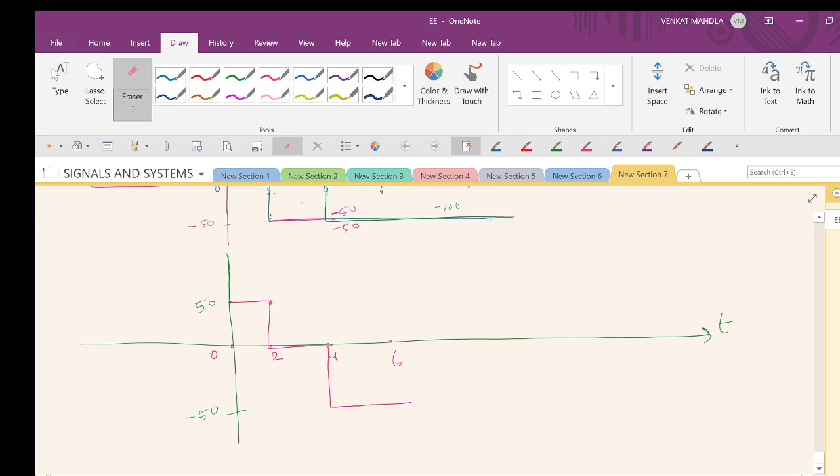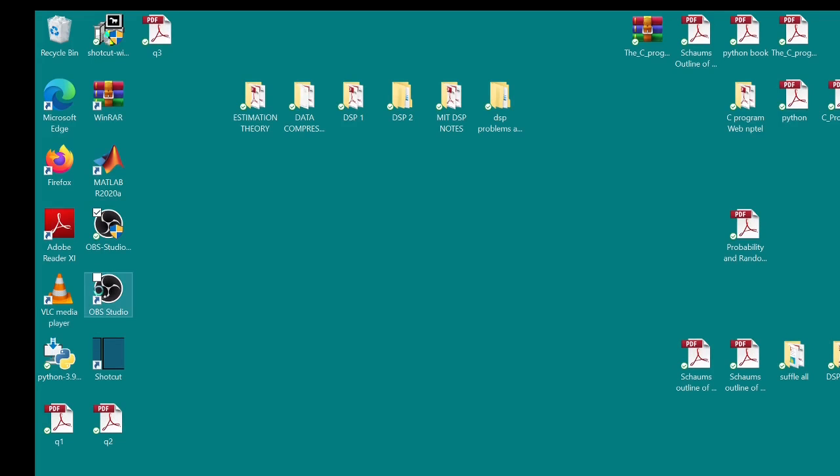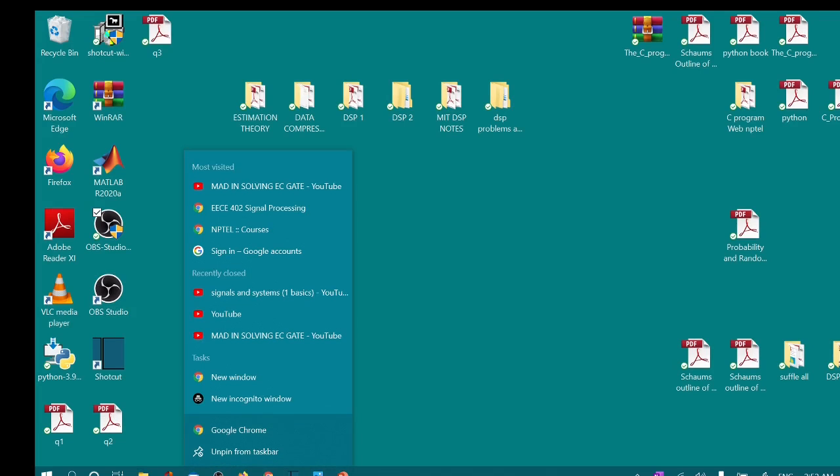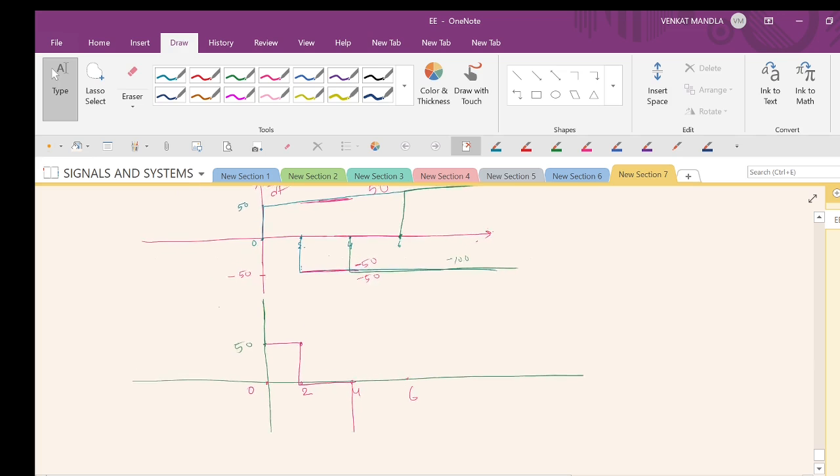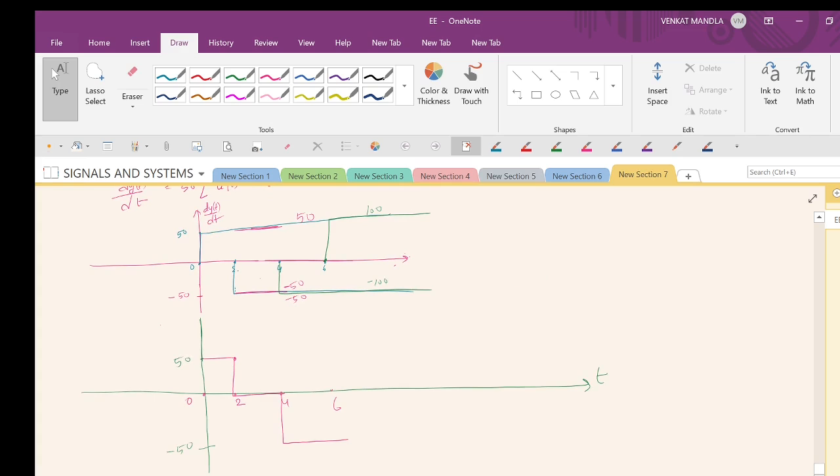So at 6 I have 0, and after 6 also it is always 0. 100 minus 100, 100 minus 0. This is the signal. This is dy(t)/dt.